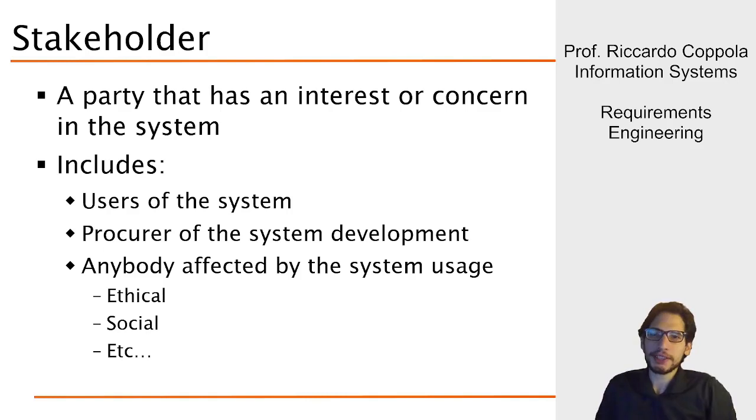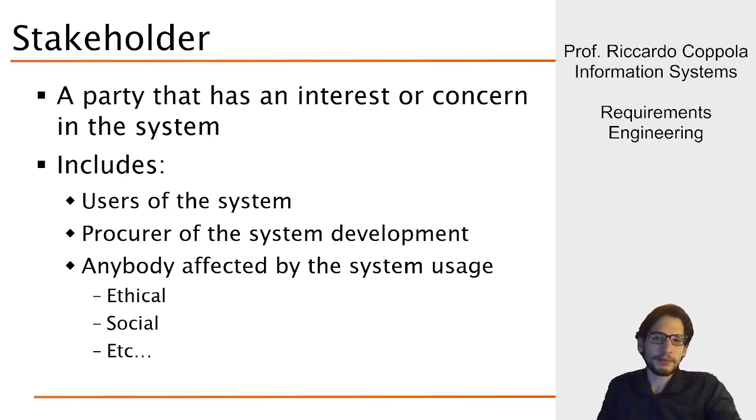But of course, I also need to keep in mind the procurer of the system development, so who commissioned the development. Typically, when I develop something, there is some person interested in making money out of what I am developing, or making a profit, or gaining advantages from that. So I have to take into consideration the committant of the system.